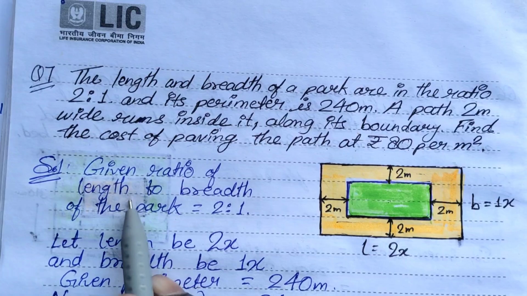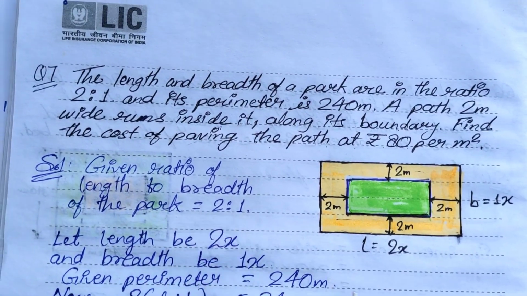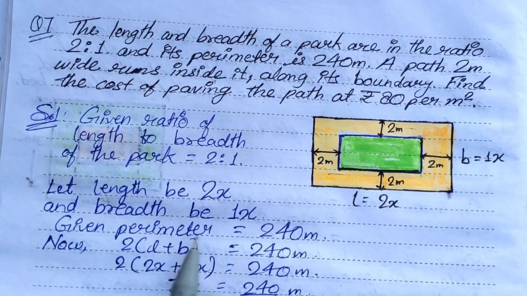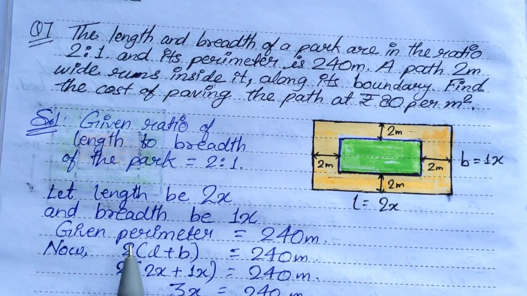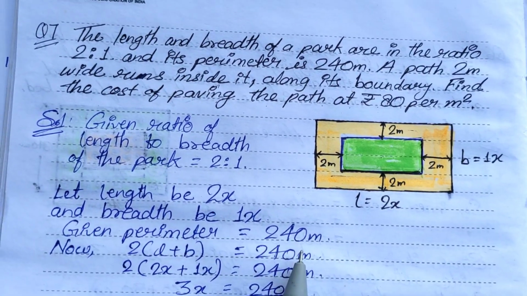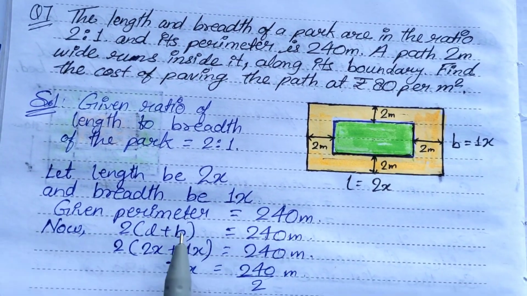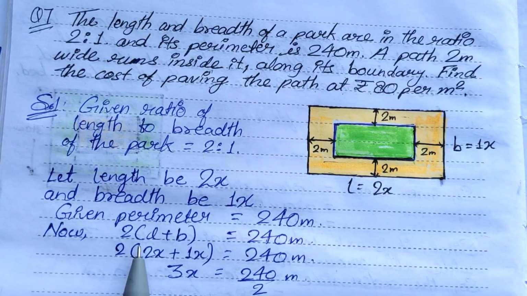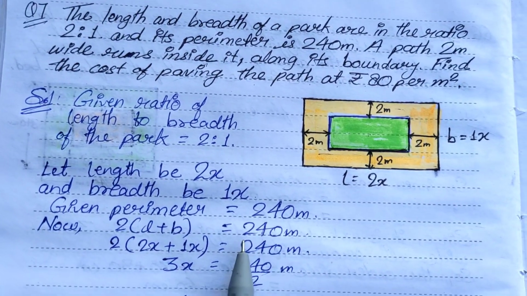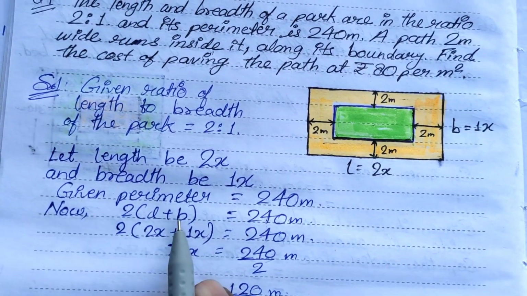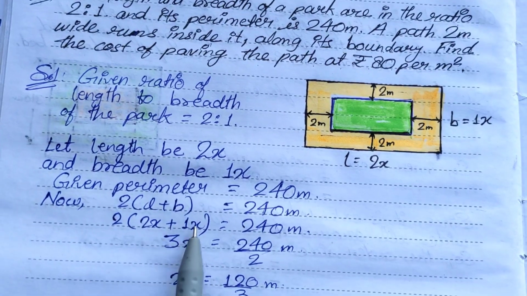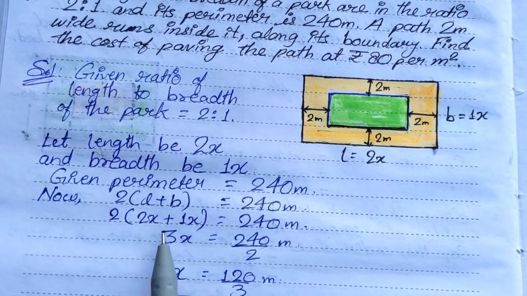What is given? The ratio of length to breadth of the park is 2:1. Let length be 2x and breadth be 1x. Now the given perimeter is 240 meter. We know that perimeter is equal to 2 in the bracket length plus breadth. So put the values in the formula: 2 in the bracket 2x plus 1x is equal to 240 meter.